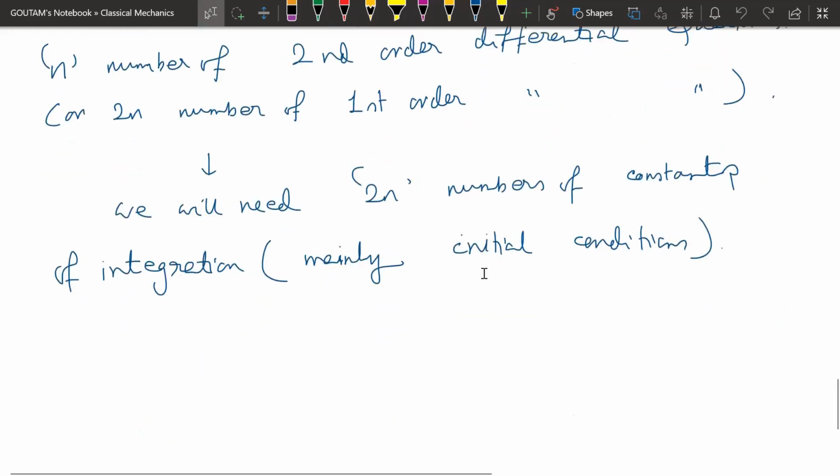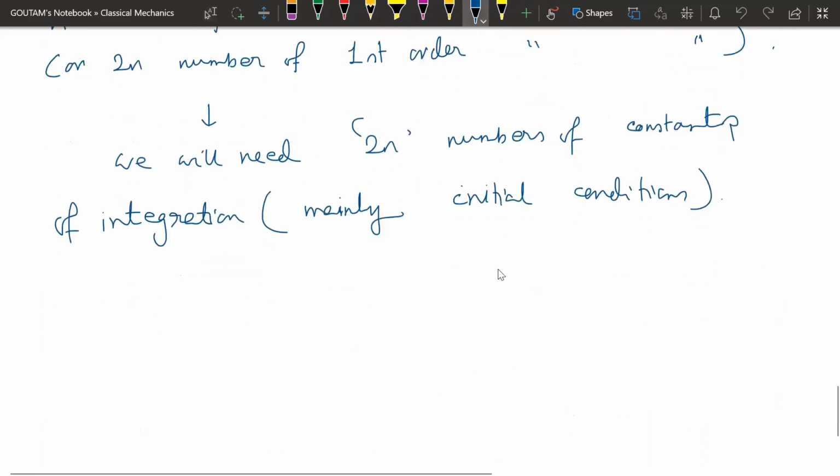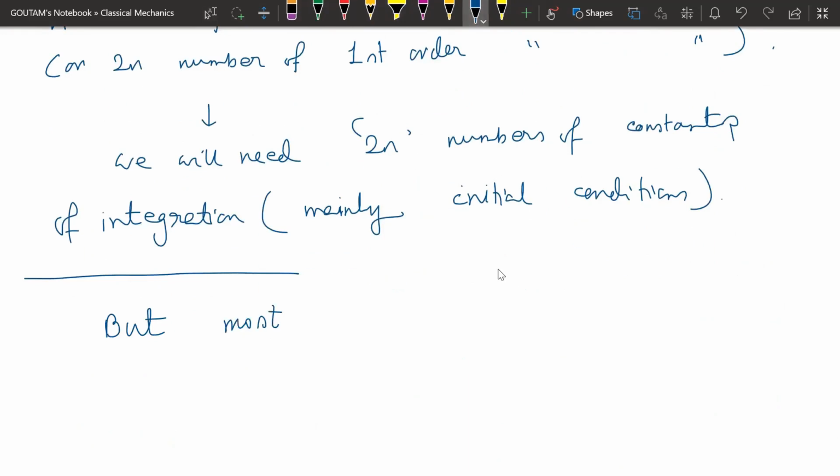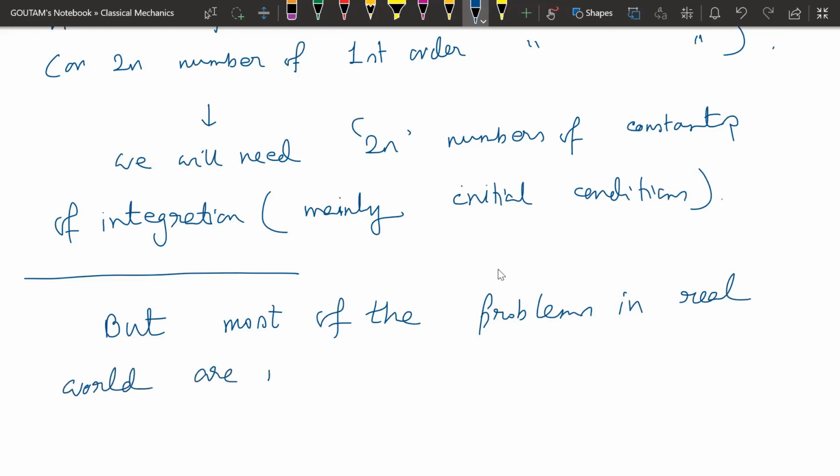Most of the problems in the real world, or close to real world problems, are not completely integrable.